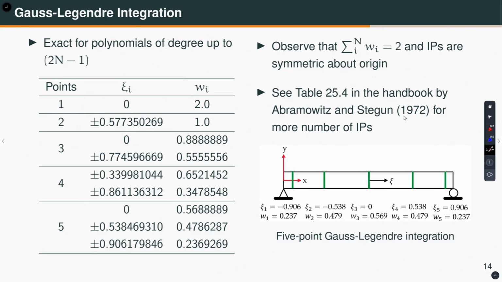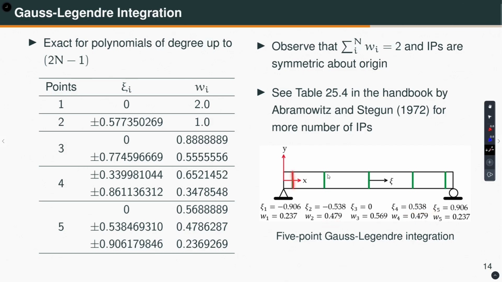Okay. So, for a 5-point Gauss-Legendre integration scheme, I am showing you on a beam column element in simply supported basic or deformation coordinates. So, this is the integration point at 0, then this integration point is minus 0.538 and this one is at plus 0.538, this is the corresponding weight.